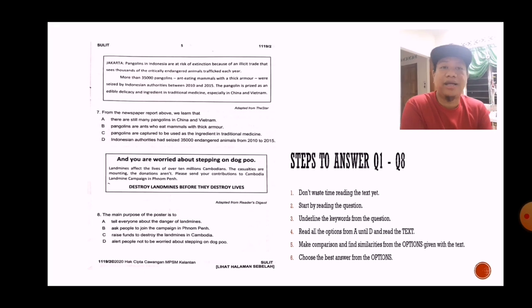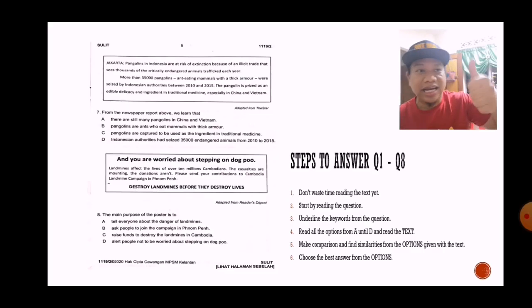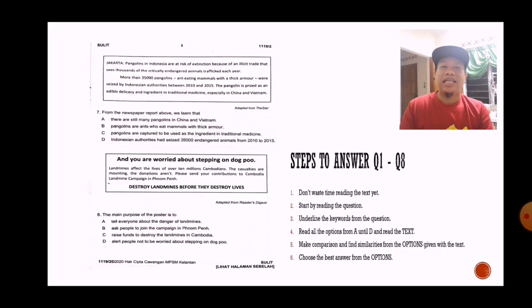Okay, makanan yang diorang makan pangolins, wow. An ingredient in what? Bahan untuk apa? Traditional medicine. Alhamdulillah. Especially in China and Vietnam. So C definitely answers the question. So that's why the answer is obviously C. Good, very good. Next we move on to question 8.